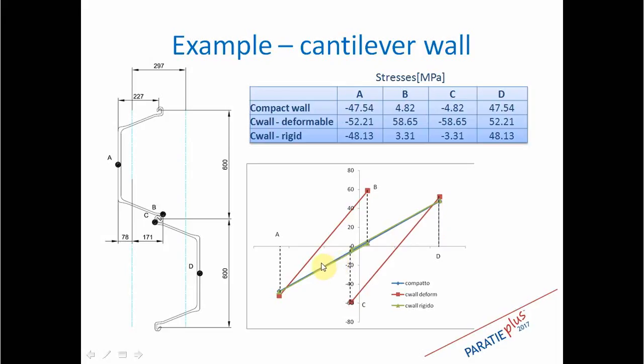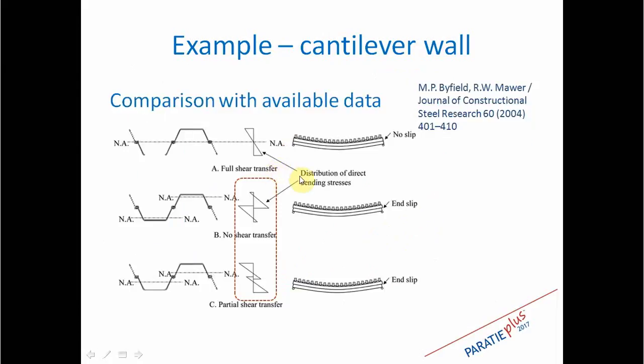Whereas if we have a deformable slippage, we have a behavior that is in between the two. Essentially, the maximum values are the same, but internally the axial stress in these 2 points are quite different than assuming compact behavior. And this also is in agreement with available data in the literature.